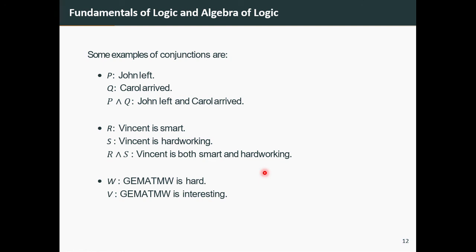Now, in case the ideas are contrasting, instead of the word and, we can use the word but. So the conjunction can be stated as GE Math is hard, but it is interesting. So that's it for conjunction.